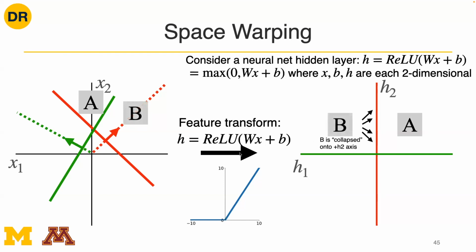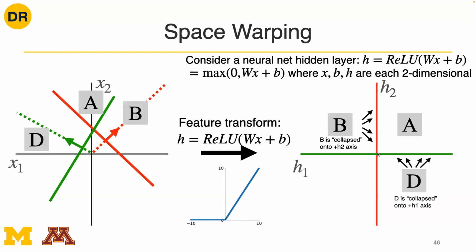For all the points that are in quadrant B of the input space, they're still going to have a positive score for h2, but they have a negative score once they're output from the linear function for h1. Correspondingly, once they've been transformed through the ReLU, they're going to have some positive value for h2 still, but they're going to be collapsed onto the 0 point of h1 by that ReLU function.